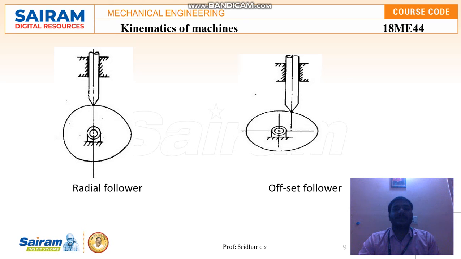So mainly the classification of followers is based on three things: nature of contact, nature of motion, and path of the motion. These are all different types of followers used in different industrial applications, so depending upon the application we select the type of follower. As we know, the function of the follower is only to follow the path produced by the cam, so it can easily transmit the motion produced by the cams.